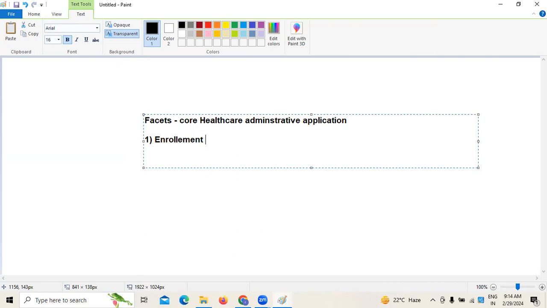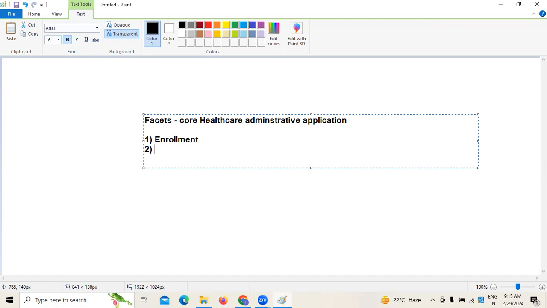Of course, I'm going to detail enrollment later. This is one thing I usually work with, and one of the key areas whenever we are working on Facets is enrollment, which we must be expert with and have exposure on.